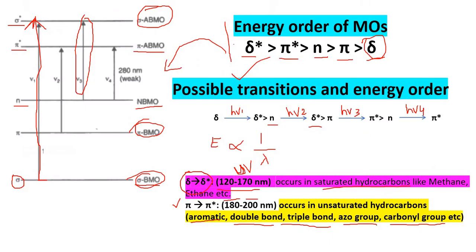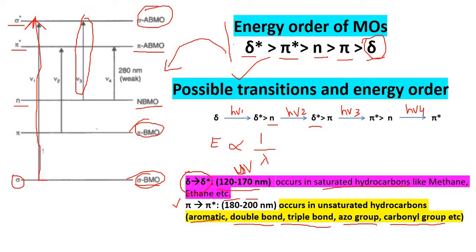These are the two transitions we normally observe in many kinds of molecules. Sigma to sigma star is present in all compounds having a sigma bond, while the pi to pi star transition occurs in a molecule which contains a pi bond, a double bond or triple bond.